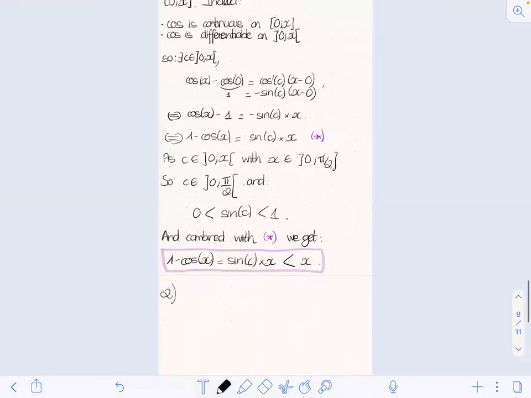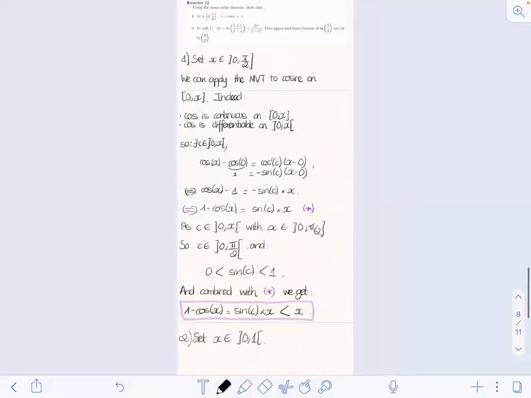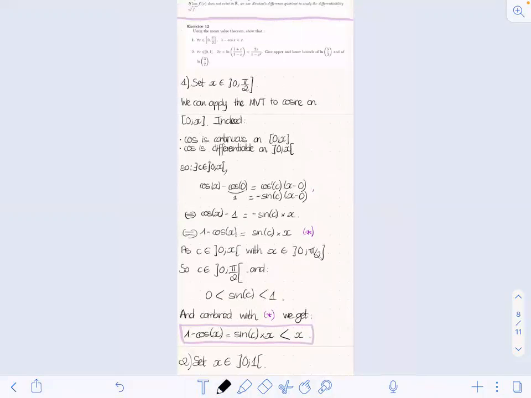So we want to set x in 0, 1. And we want to look at logarithm of 1 plus x divided by 1 minus x.